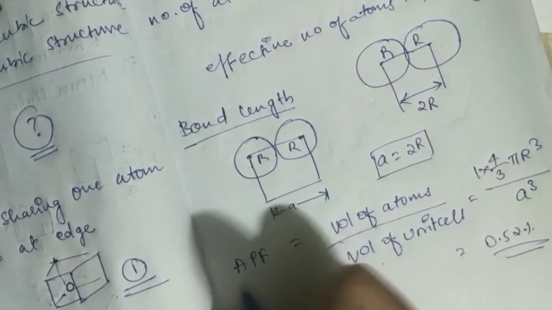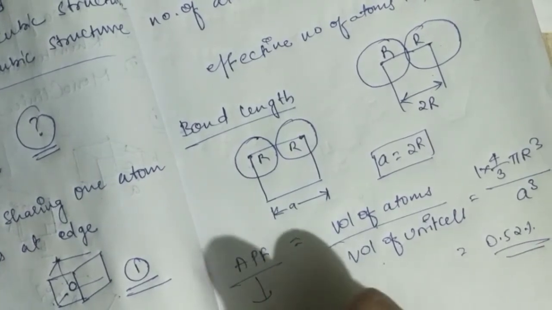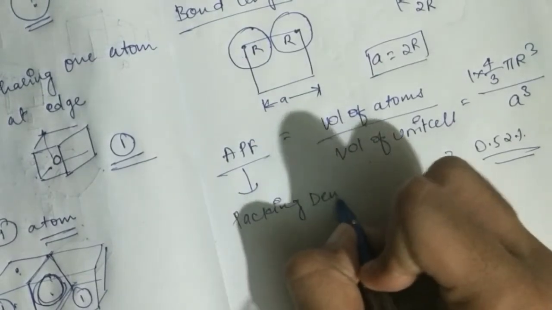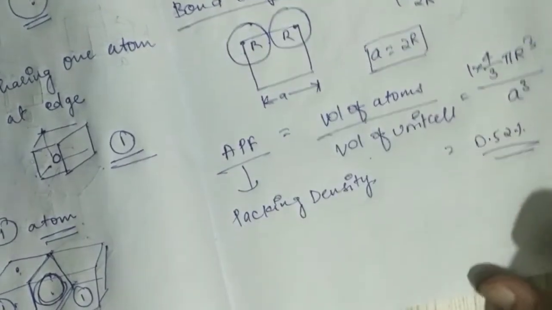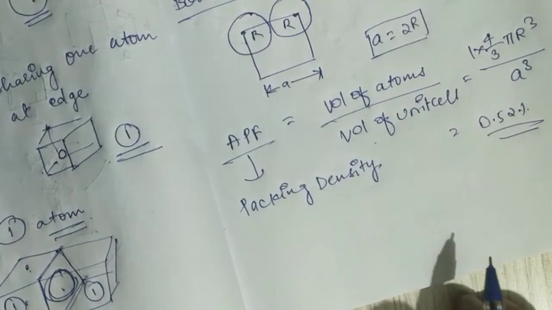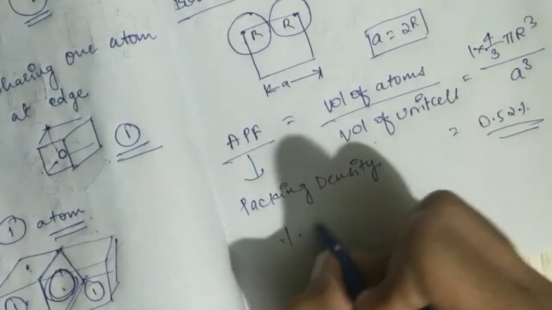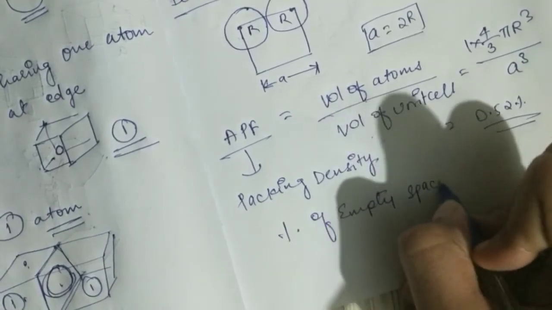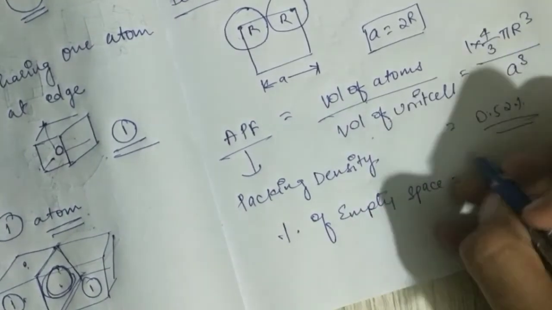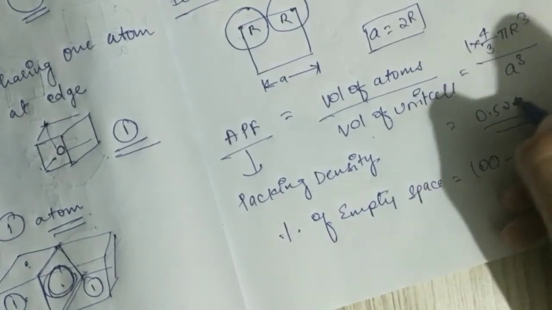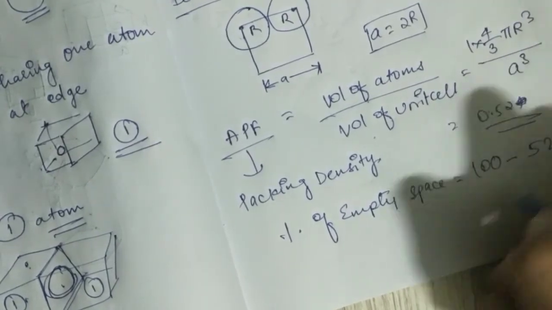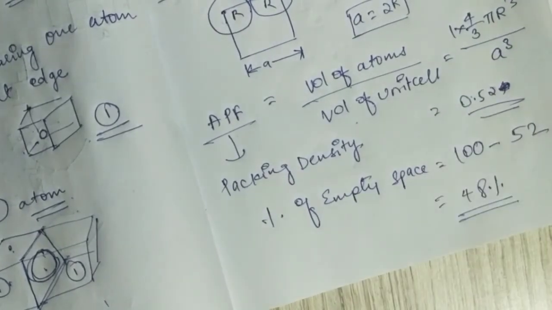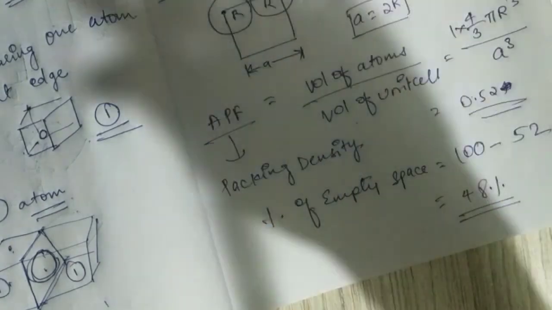This atomic packing factor is also called packing density. And if they ask the percentage of empty space, what will we do? 100 minus packing density: 100 minus 52 is equal to 48%. That's it for this simple cubic cell.